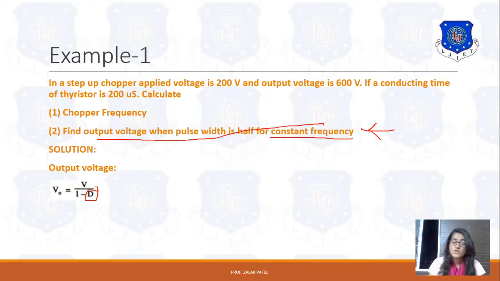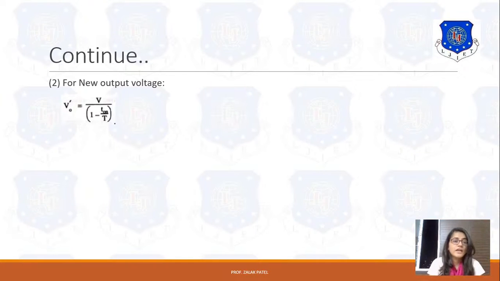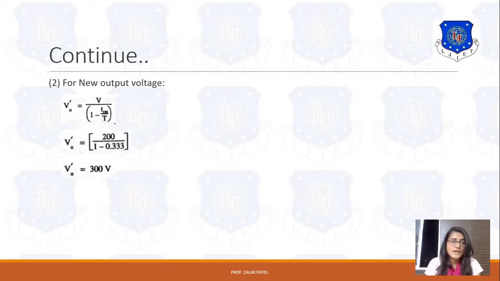So here again we consider the output voltage equation, that is V0 dash is equal to V upon 1 minus T on upon T. Once again this T on upon T is nothing but the duty cycle, so we put all the values over here. We already calculated this 1 upon T, so we get the output voltage 300 volt for the second case.